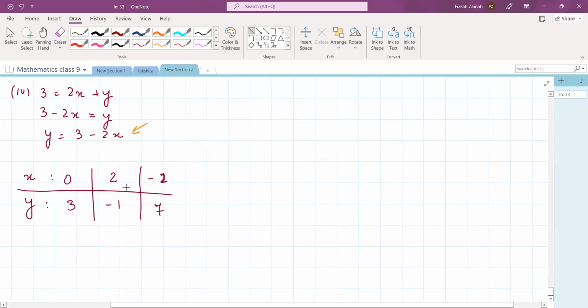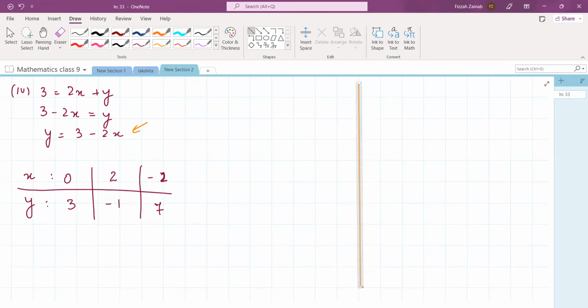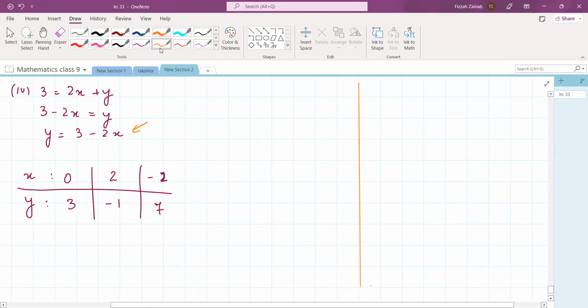And x values are also not going very far. It's only up to 2 and minus 2. That's it. So I can take it here. Now my positive y is actually going up to 7. So I can bring this scale a little bit down. So it will be easier to show positive 7.